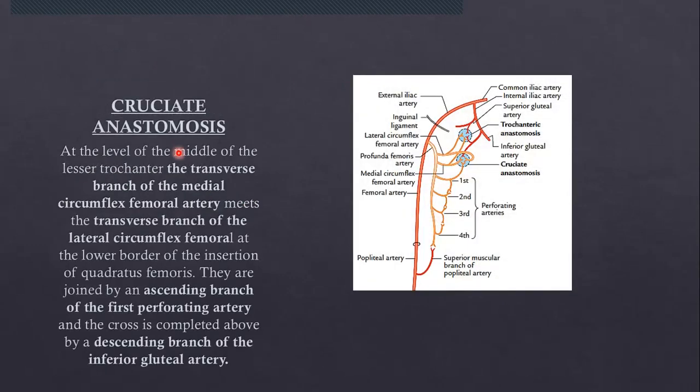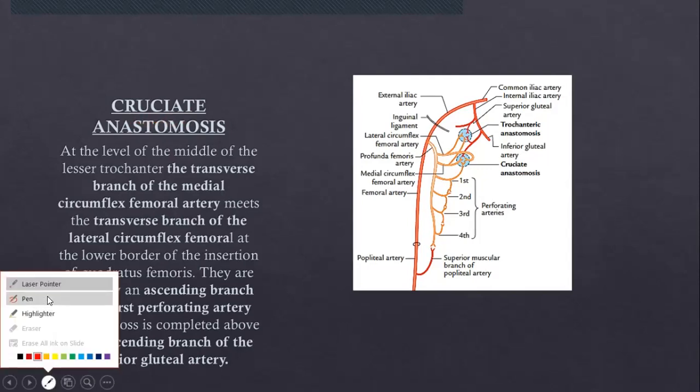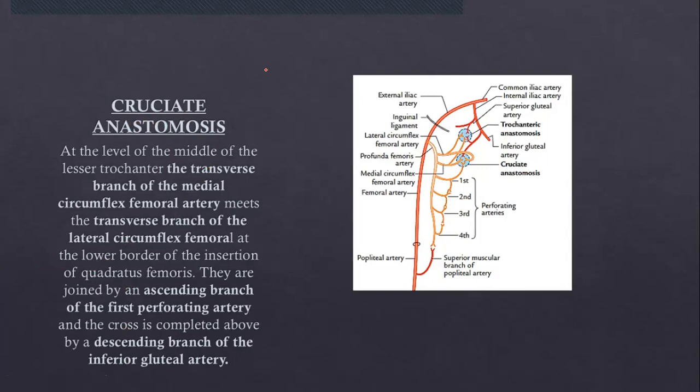Now let's start with the cruciate anastomosis. As the word says, cruciate, from the word cross, because it is cross-shaped. So it looks somewhat like this. It is found at the level of the middle of the lesser trochanter, and it is formed by the transverse branch of medial circumflex femoral artery.